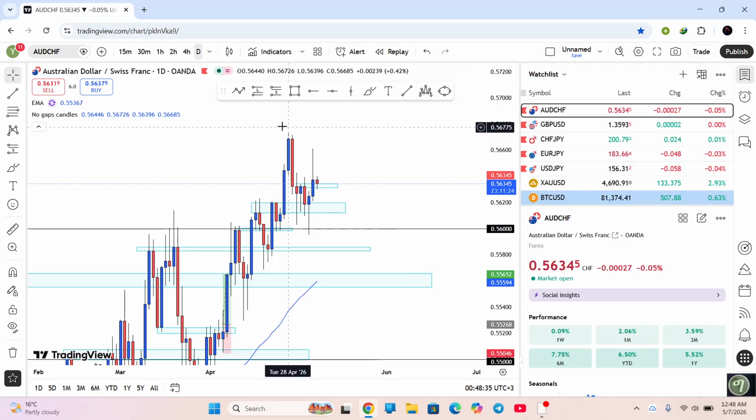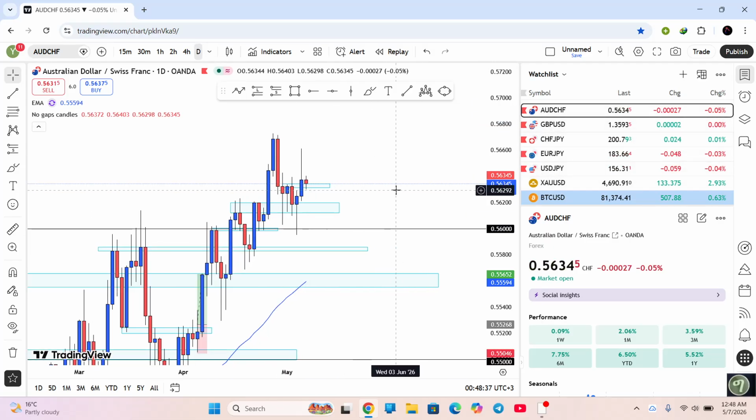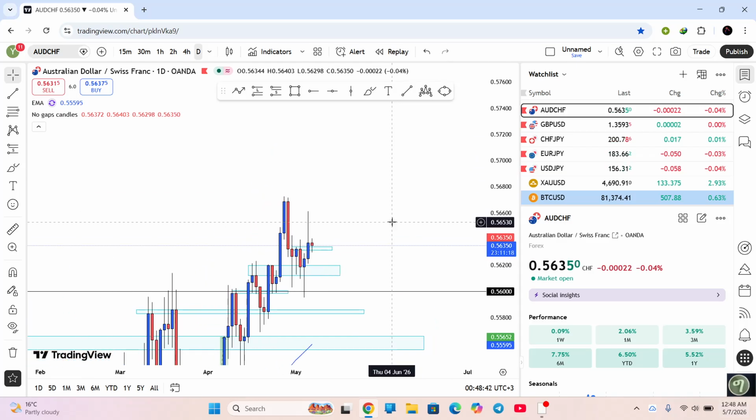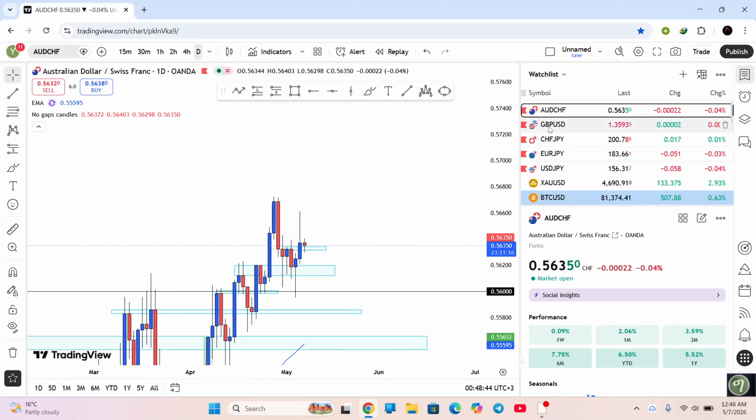Now for tomorrow. Technically it's already tomorrow. For Thursday we have 1, 2, 3, 4, 5 pairs of interest. The first one is AUD-CHF.